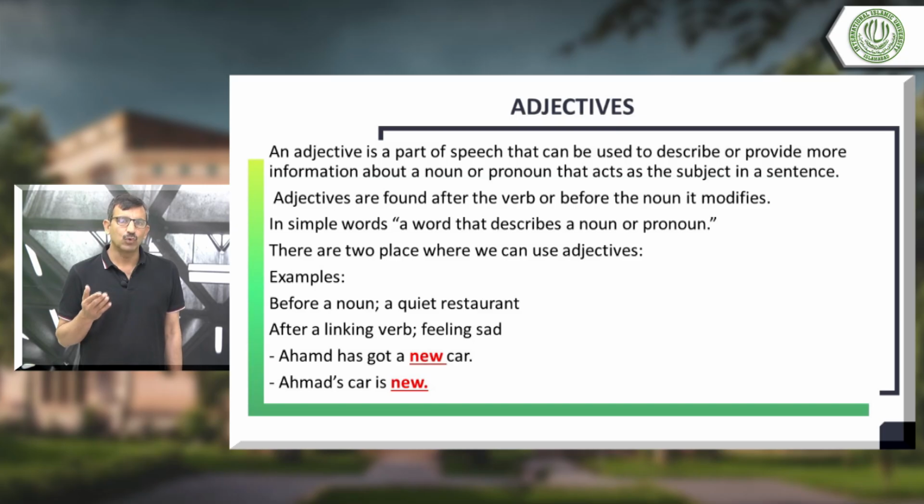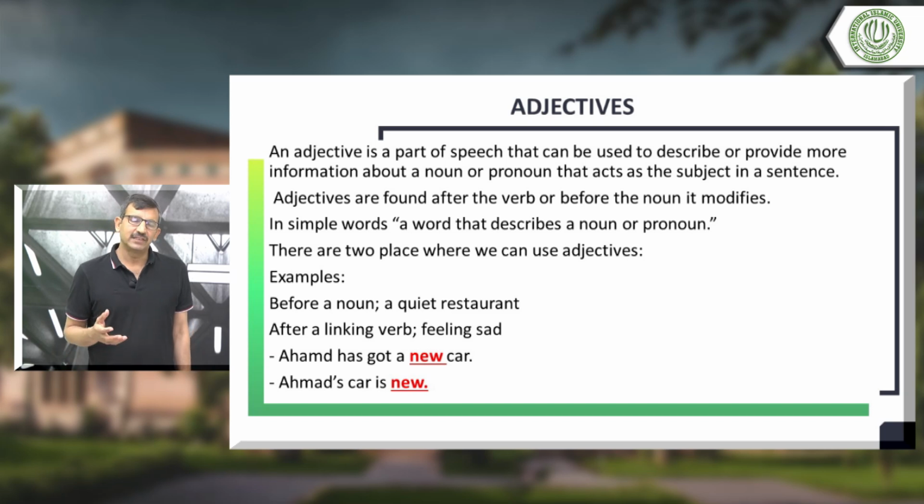Intelligent is the quality of that particular boy. So, intelligent is an adjective and this is an adjective of quality. Usually adjectives of quality come before the nouns. In simple words, a word that describes nouns or pronouns is an adjective.